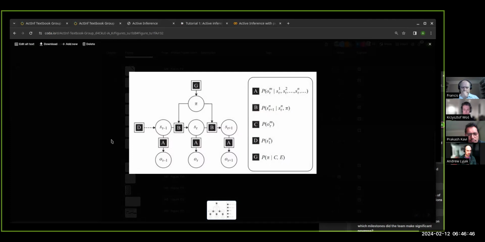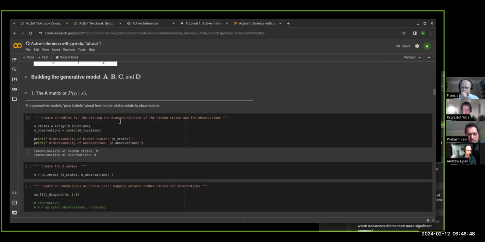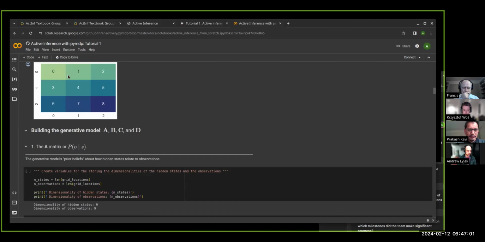A, B, C, D. First, they generate A. A is the conditional distribution that is basically mapping between observations and hidden states. So in this world, each of these locations is basically labeled with its location. So it has like a perfect GPS.